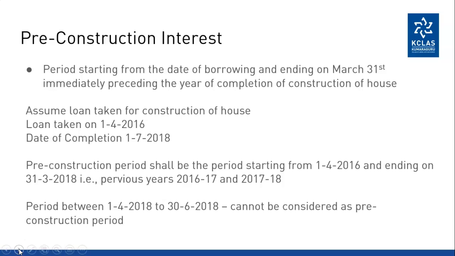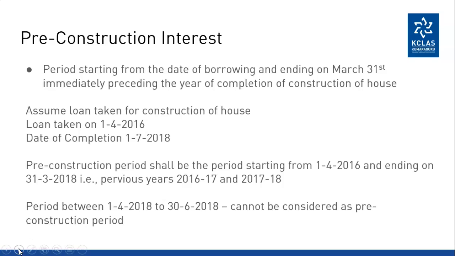For example, if Mr. A has taken a loan on 1/4/2016 for construction of a house and the construction was completed on 1/7/2018. In this case, the pre-construction period shall be the period starting from 1/4/2016, the date when the loan was taken, and ending on 31/3/2018, that is, the previous years 2016-17 and 2017-18. Only from 1/4/2016 until 31/3/2018 will be treated as pre-construction period.